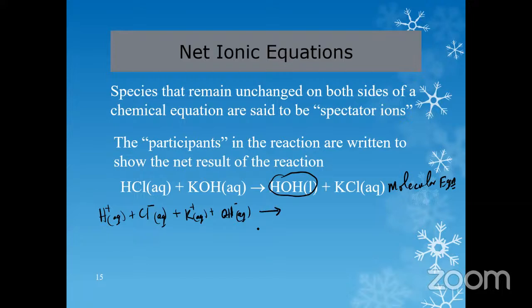Then we get to the right side of the equation. And we notice here we have H2O. As I mentioned before, H2O is a molecule. H2O will not undergo dissociation. So we simply rewrite that down here, H2O liquid. And then we get to potassium chloride. Potassium chloride, you'll notice, has an aqueous symbol here, right? Any ionic compound which has an aqueous symbol in the formula will undergo complete dissociation without exception.